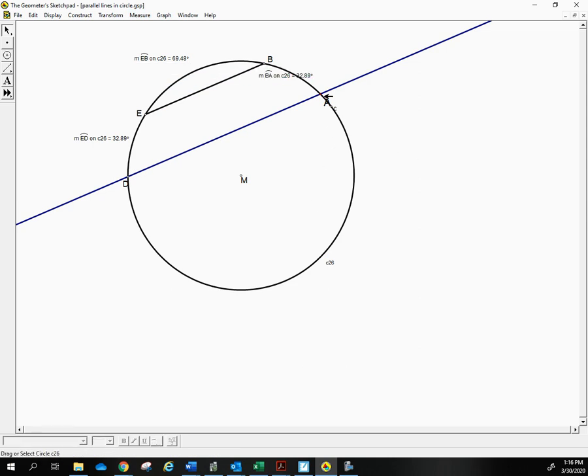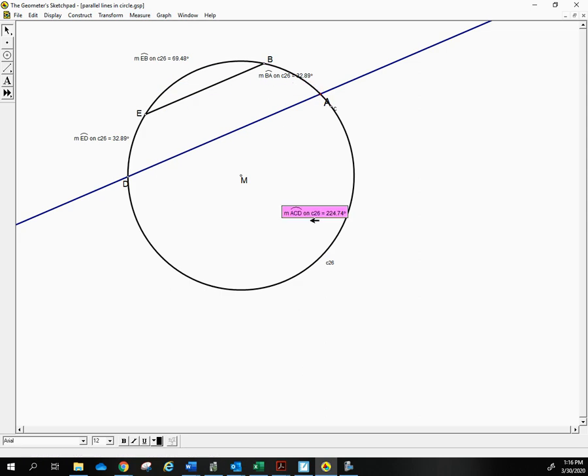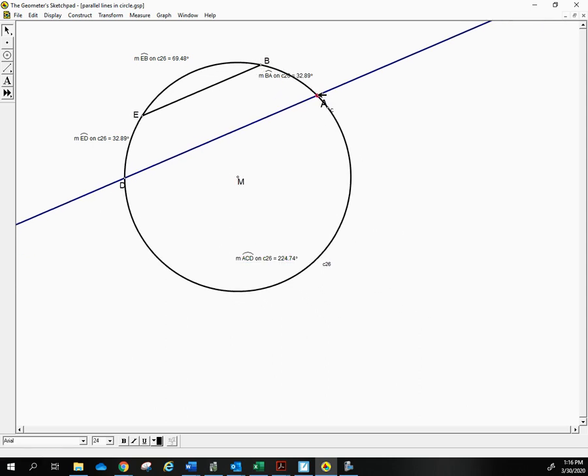And then if I measure this arc right out here, arc ACD, this obviously major arc, you're going to see that its arc is 224 degrees.